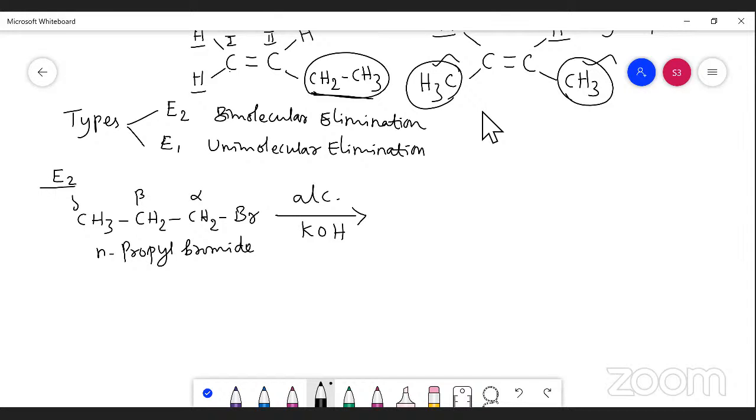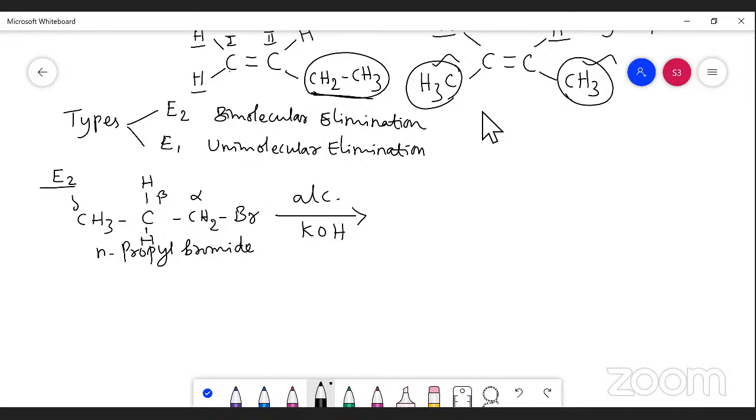Now in the beta carbon, how many hydrogens? 2 hydrogens. Now I am going to represent the 2 hydrogens like this. C single bond H, single bond H. This is your beta carbon containing hydrogen.